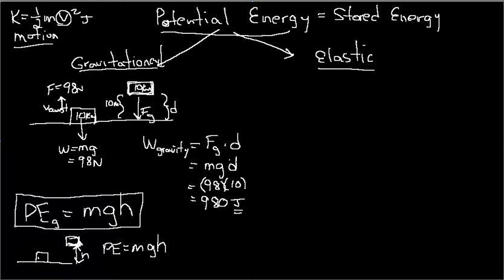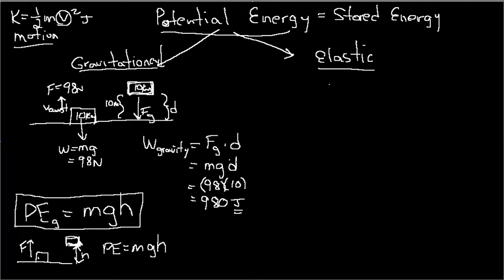Actually, what's going on here is when you are lifting the box upward with some force, you are doing work against gravity and storing that energy into the box, and gravity later will then do positive work on the box as it falls to the ground.